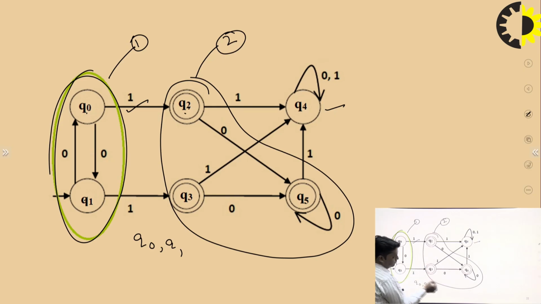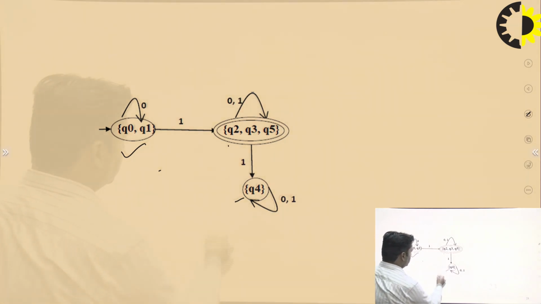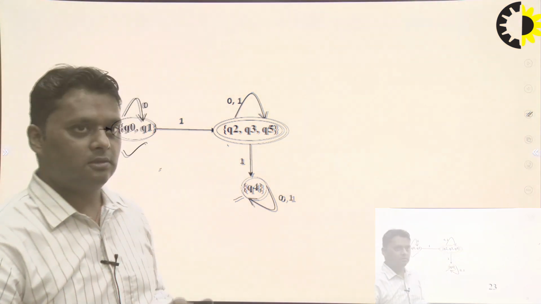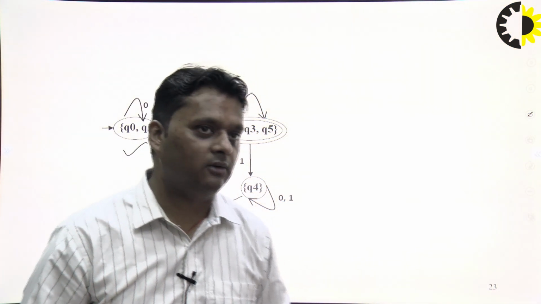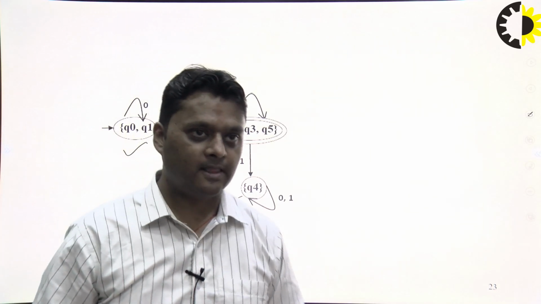And if we combine these states, with the help of this arrow go to this state, when input is 1 go to state Q4, and 0 and 1 for the loop, and the next state is Q4. Now we get the minimized DFA with the help of Myhill-Nerode theorem or table filling method. Okay, thank you.